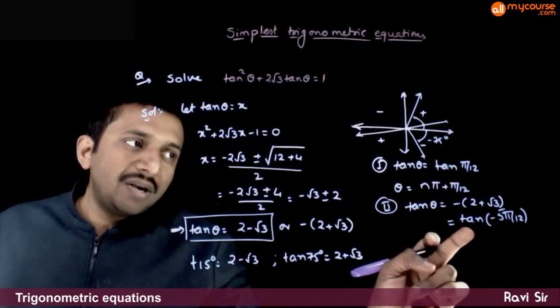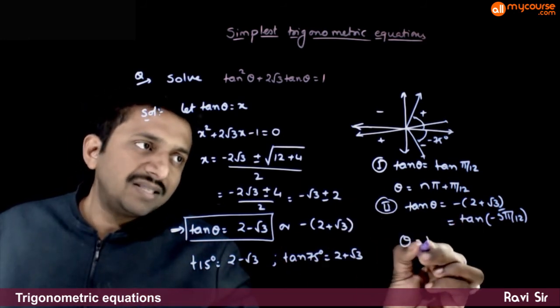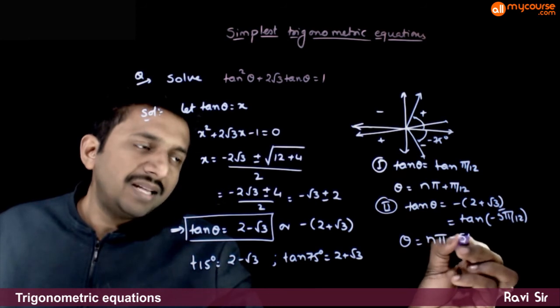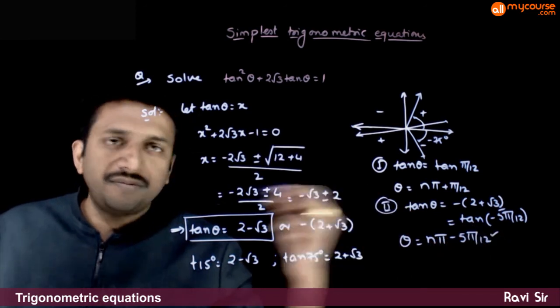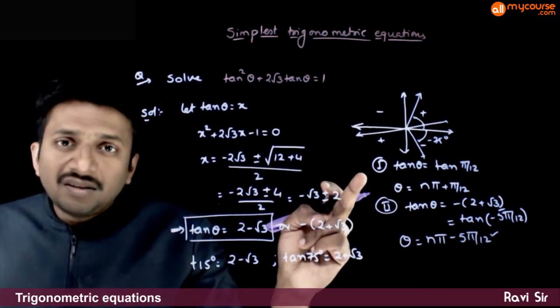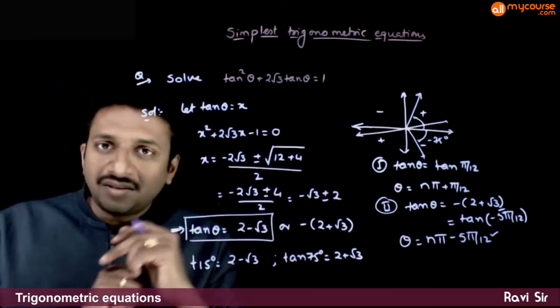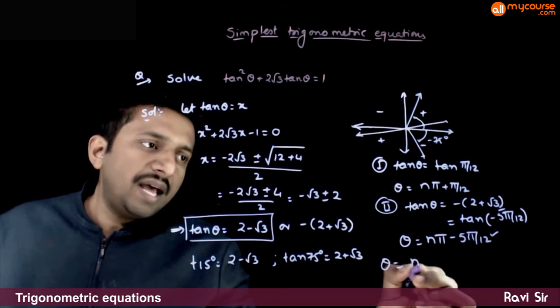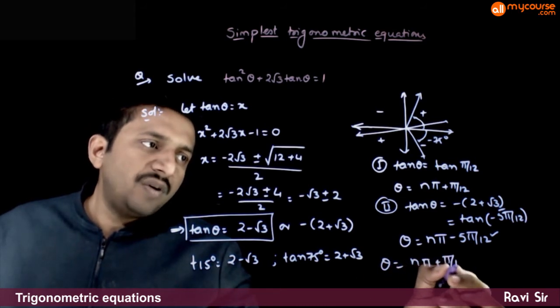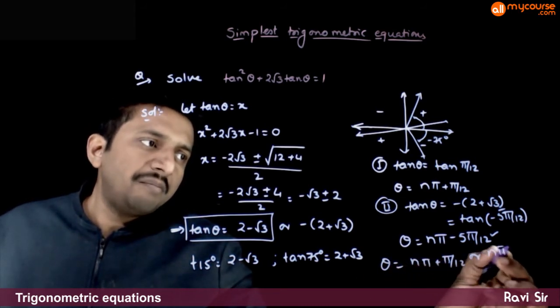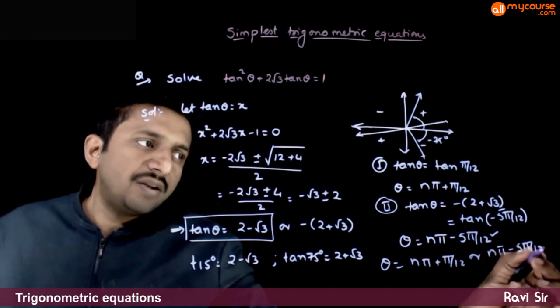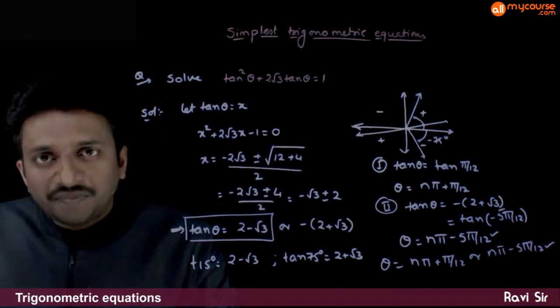So tan theta is equal to tan of minus 5 pi by 12. Hence theta is equal to n pi minus 5 pi by 12. So this is the first answer, this is the second answer. My answer is either this or this. So theta is equal to n pi plus pi by 12 or n pi minus 5 pi by 12. These two are the required answers.